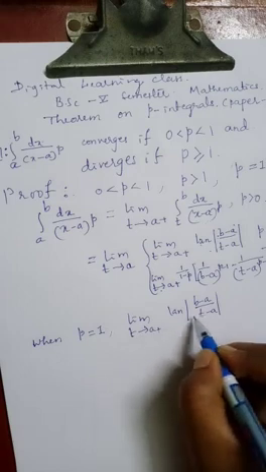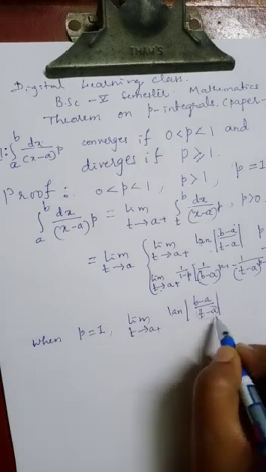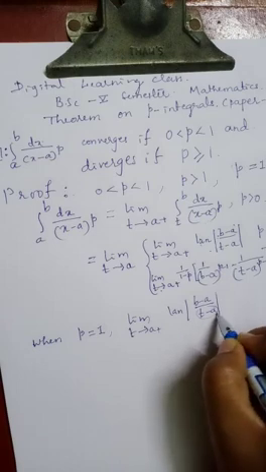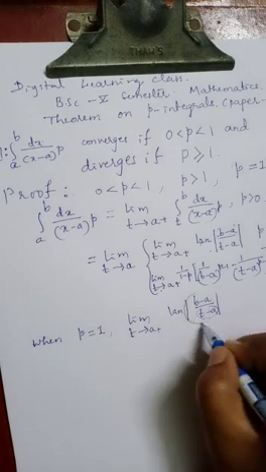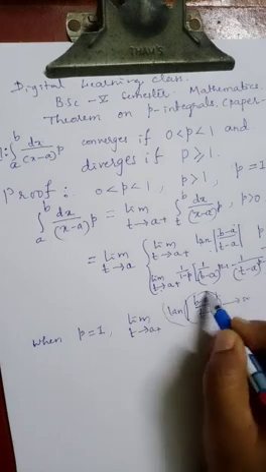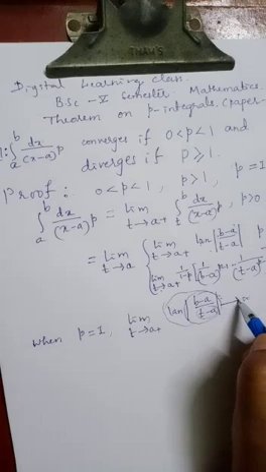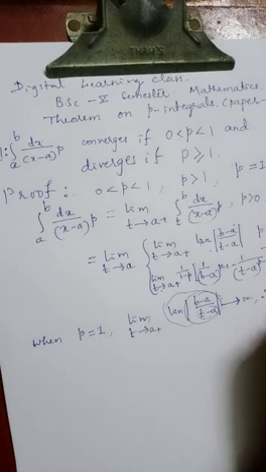As t approaches a, the denominator approaches 0. So as the denominator approaches 0, this approaches infinity, then ln also approaches infinity. Therefore, the integral becomes divergent.